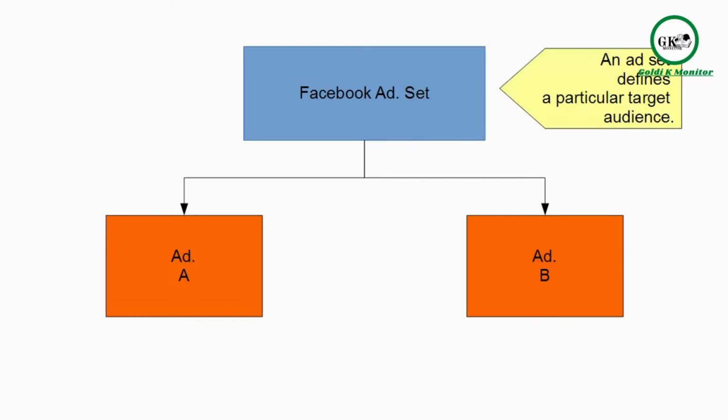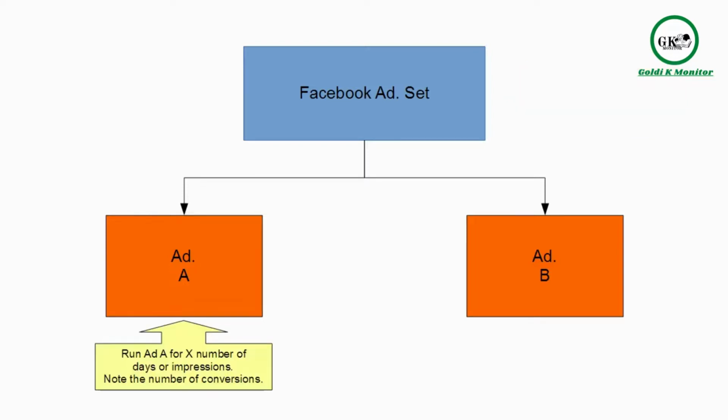Now, an ad set defines a particular target audience. And it's also used to define your budget, your schedule, and the bid type. So let's say you're going to have the two ads and you run ad A for X number of days or impressions. You then note the number of conversions.